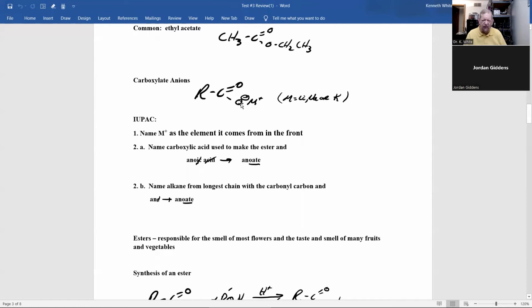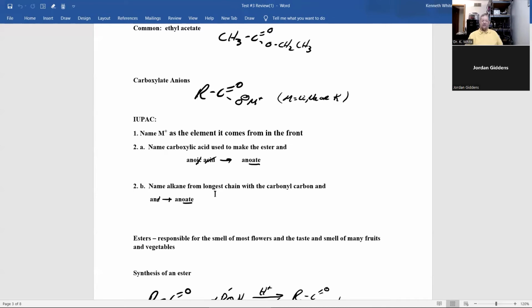If instead of O minus M plus that was an H, you name that carboxylic acid, drop the IC in the word acid, add OATE. Now, the same student's method for carboxylate anions, like esters: name the alkane from the longest chain, including the carbonyl carbon, as an alkane, drop the E, add OATE.